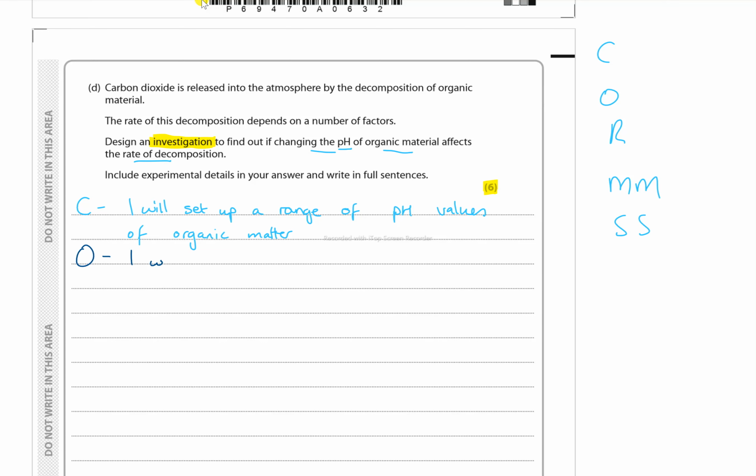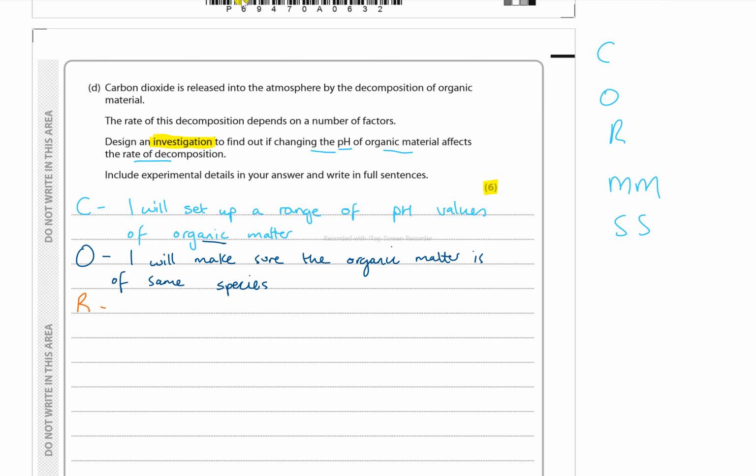So I will make sure the organic matter is of the same species or variety. You can also make sure that it's the same age, because older matter might decay quicker than fresh, young, new matter.